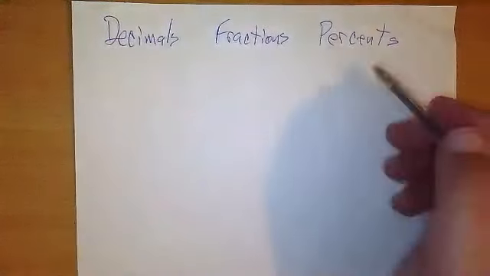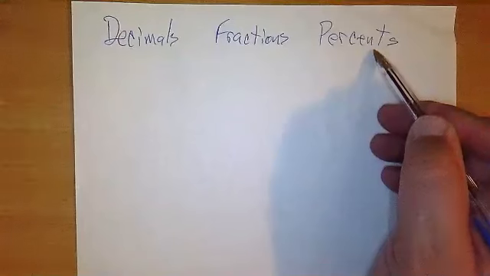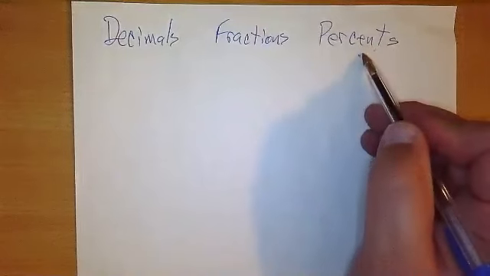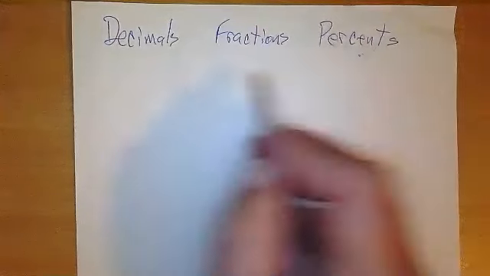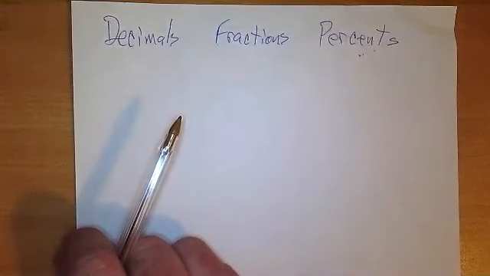Now, remember that percents are not actually numbers in the classic sense. They're a representation of the quantity of something. So remember, we can never just use a percent as math. We have to convert it to decimals or fractions if we want to actually do some math, okay?